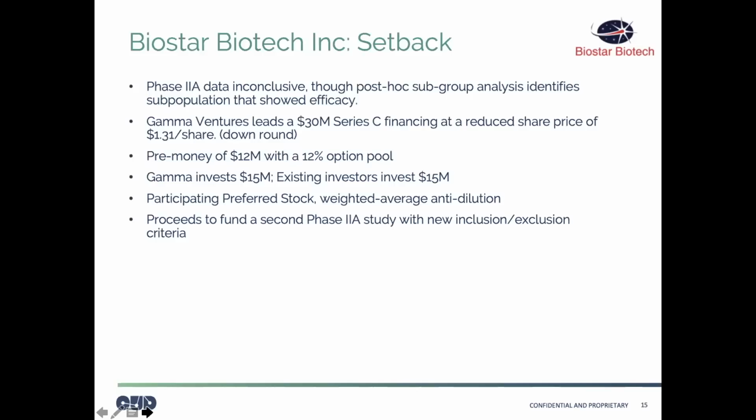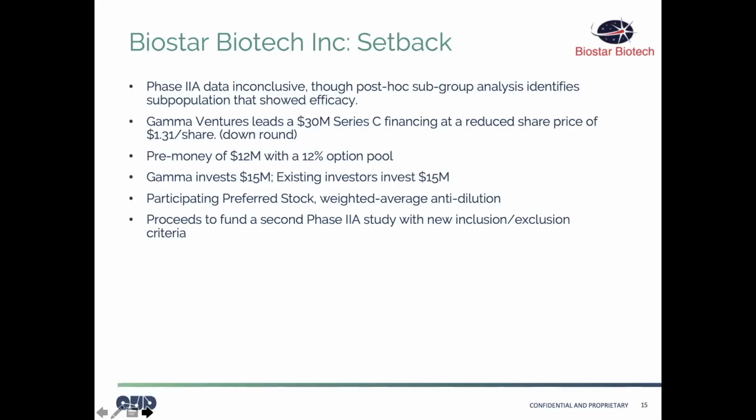Once you have that participating feature in the cap table, it's unlikely future investors will take anything less and move to a standard preferred stock. And again, weighted average anti-dilution, which you almost always see. The idea is this would fund a second phase 2 study with new inclusion-exclusion criteria reflecting this subgroup analysis.